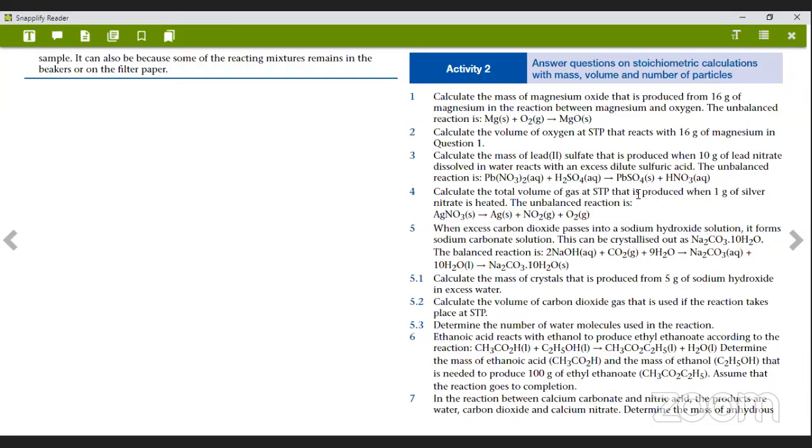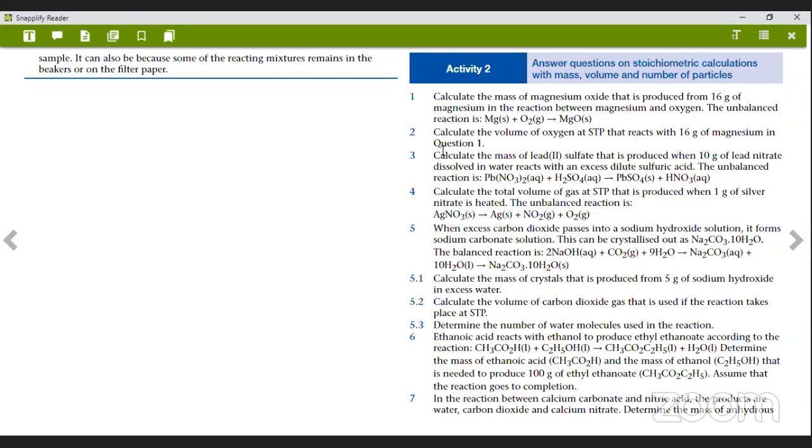Okay, so we get to activity 2. Okay, these are some of the problems that we're going to do, but for now there's one problem that I want us to do. They say in number 1, calculate the mass of magnesium oxide that is produced from 16 gram of magnesium in the reaction between magnesium and oxygen.